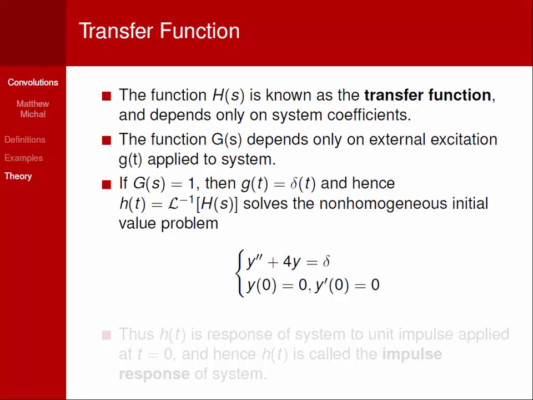Because when big G(s) is equal to 1, and little g(t) is then obviously delta of t, we end up noticing something very, very interesting. h(t) is the answer to this problem: y double prime plus 4y is equal to delta of t, with 0 initial condition and 0 initial slope.